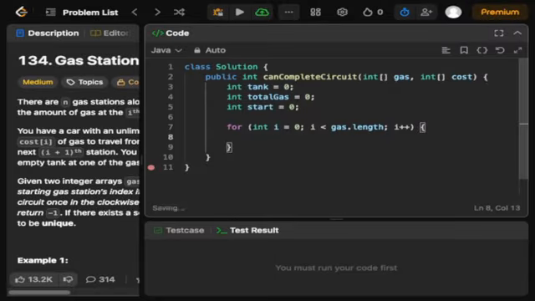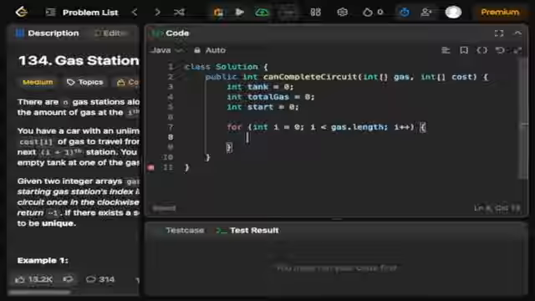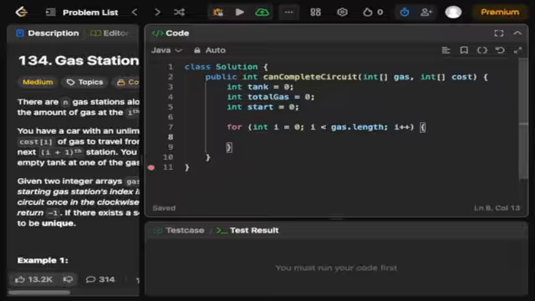And as we're going through our array, we are increasing our tank based off of gas[i] minus cost[i], because that's what is available, and then we have to subtract the amount of gas that it's going to take to get from station i to its next station, right? I'm just going to call it gain.